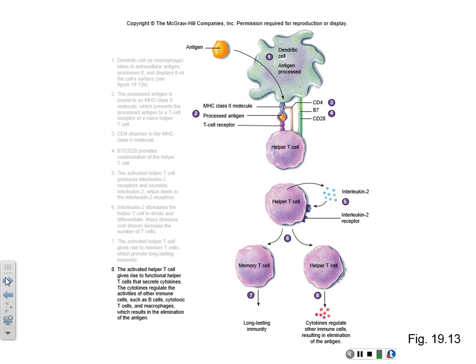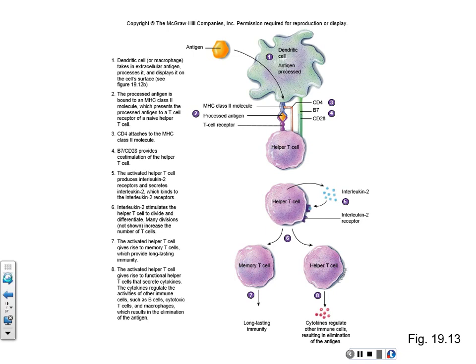The helper T cells are the first cells that will be attacked. Especially in HIV, it's the CD4 positive T cells that are attacked by the HIV virus. And there will be those naive T cells. All right, so that's the whole process right there. This is the process of activation of helper T cells via the antigen-presenting cells, like dendritic cells.